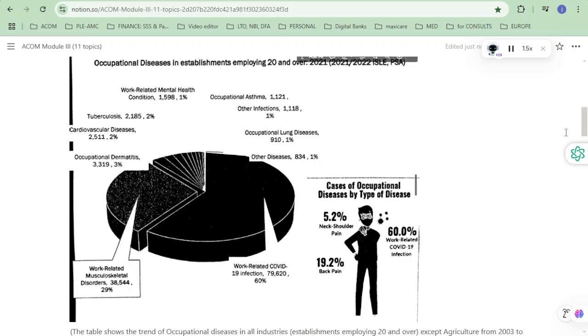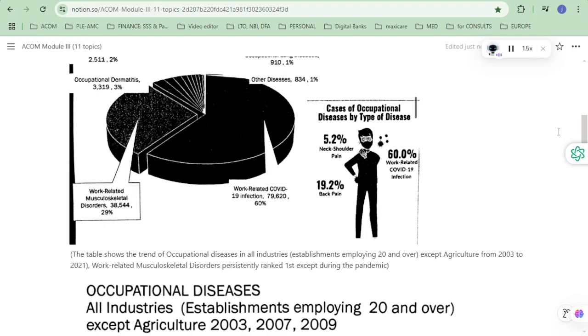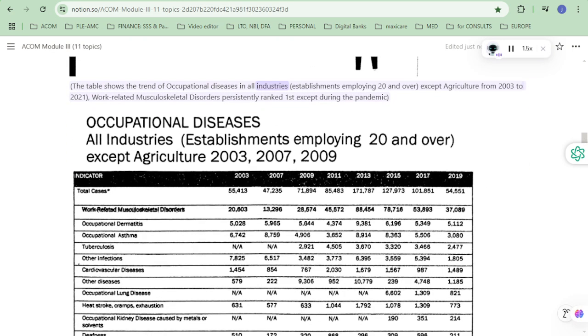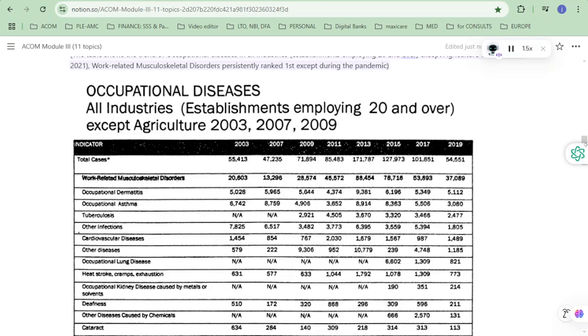This included 5.2% neck-shoulder pain and 19.2% back pain. Alt text: The table shows the trend of occupational diseases in all industries, establishments employing 20 and over, except agriculture. From 2003 to 2021, work-related musculoskeletal disorders persistently ranked first except during the pandemic.